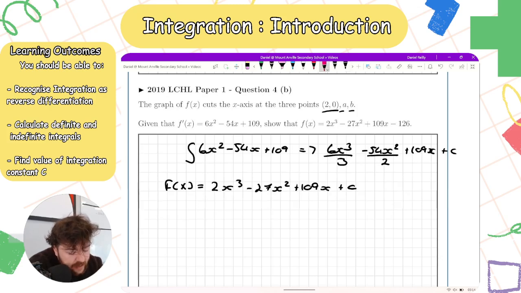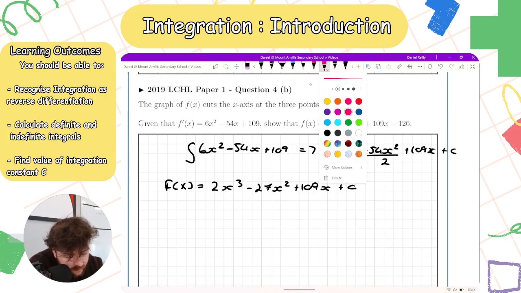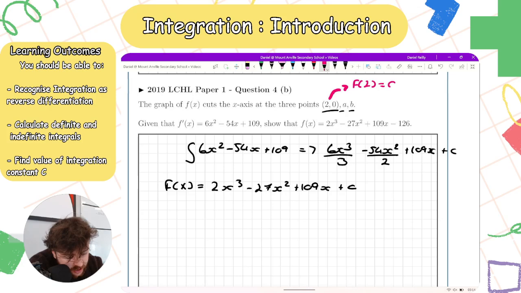Now, do I have any points here? Yes, I do. When x is 2, when I sub 2 into my function, it equals 0. So 0 equals 2 times 2 cubed minus 27 times 2 squared plus 109 times 2 plus c.